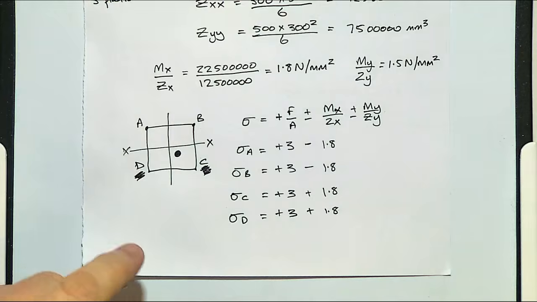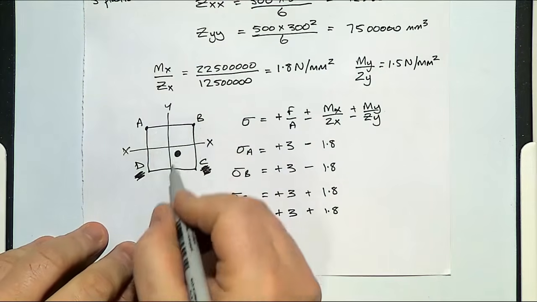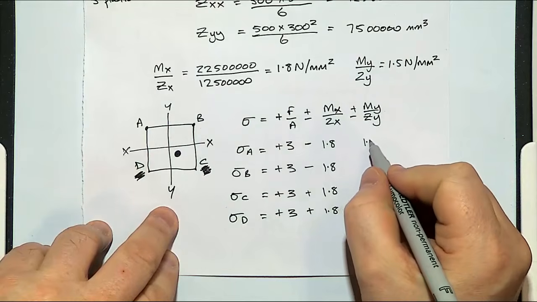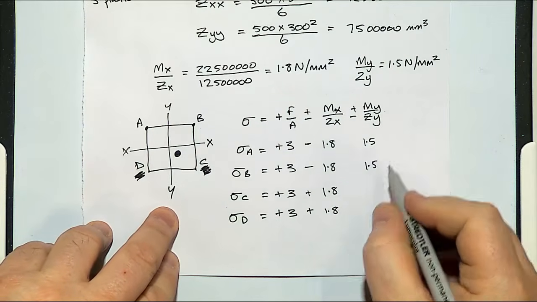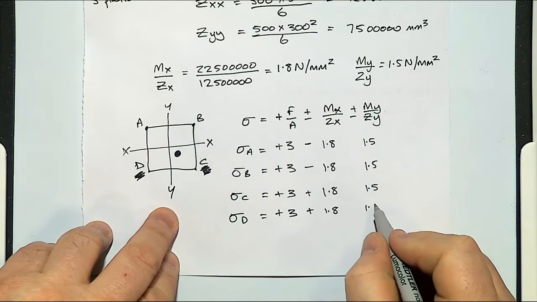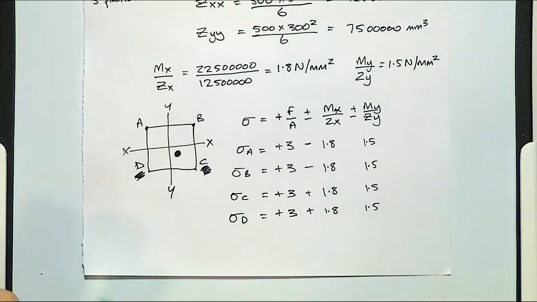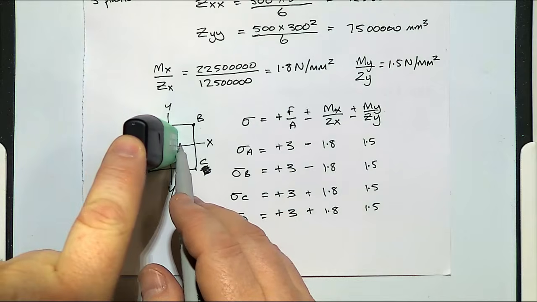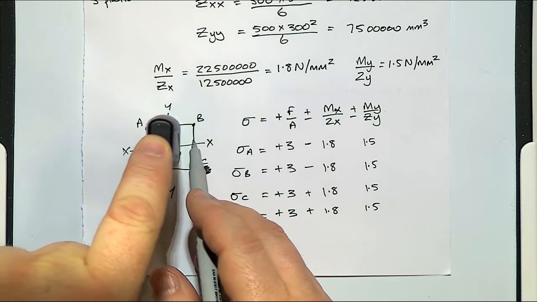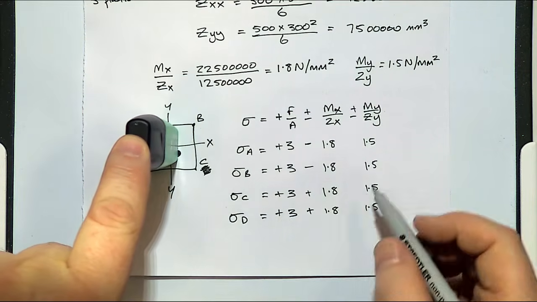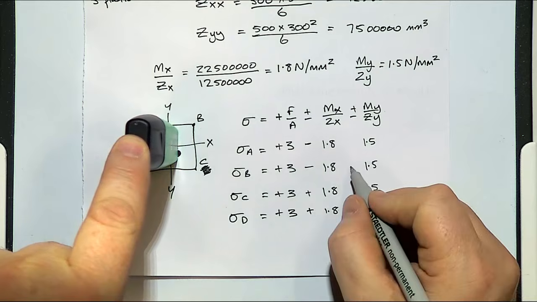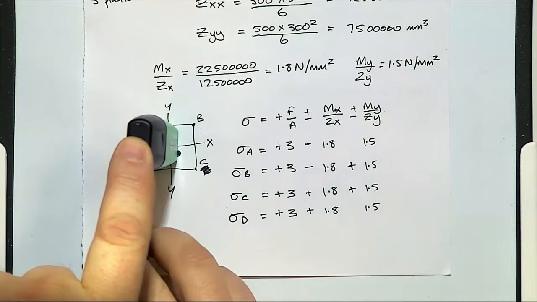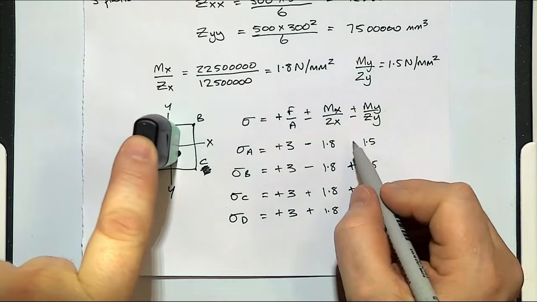And then across our YY, our YY is 1.5. Going across, the load is going to be on the right hand side, which will create a compression along BC. So that'll be positive for B and C, and it'll create a tension along AD.